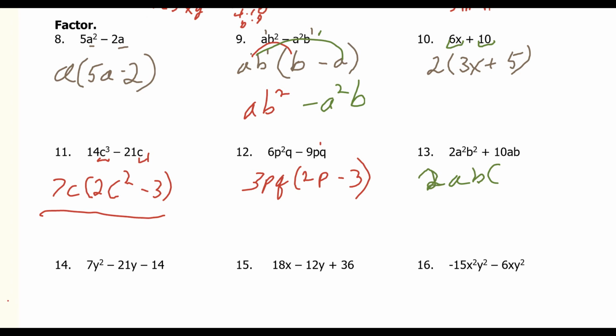Alright, so what we're left with is ab plus 5. And there we have it. Make that look more like a 2. There we go.